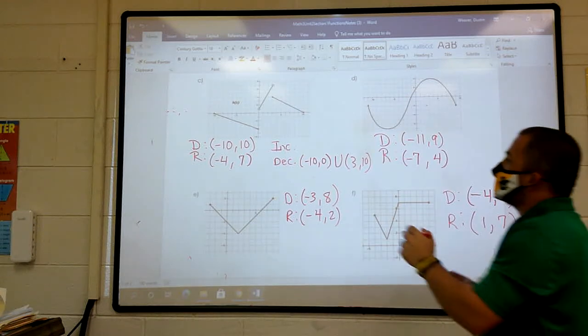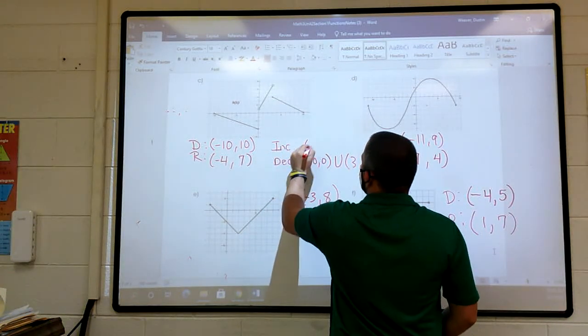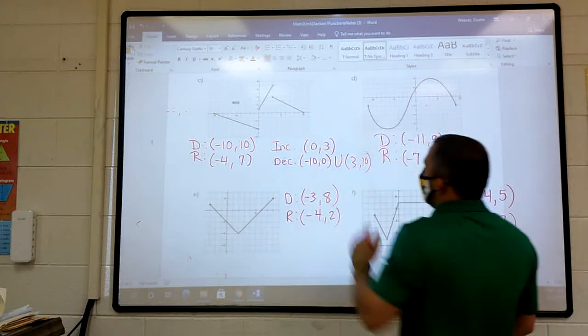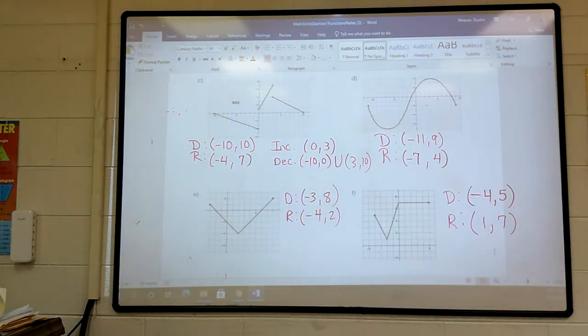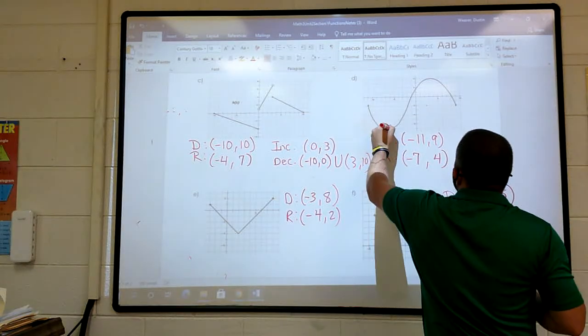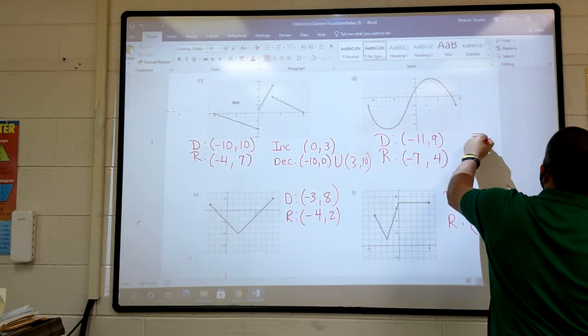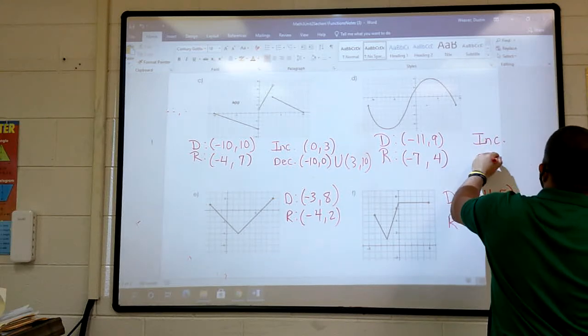But it's increasing from 0 to 3. So we've got our increasing interval, and we've got our 2 decreasing intervals. Okay, this could be a little bit trickier here. This one's going to be decreasing, then increasing, then decreasing. So we got 1 increasing and 2 decreasing.